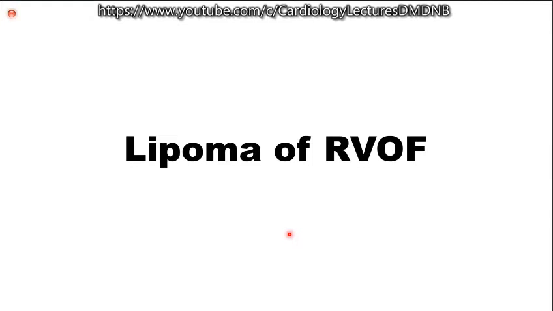Lipomas are also not a very uncommon tumor which can affect the heart. Can one of you tell me how you diagnose lipoma of the heart? Criteria? How will you diagnose lipoma of the heart?